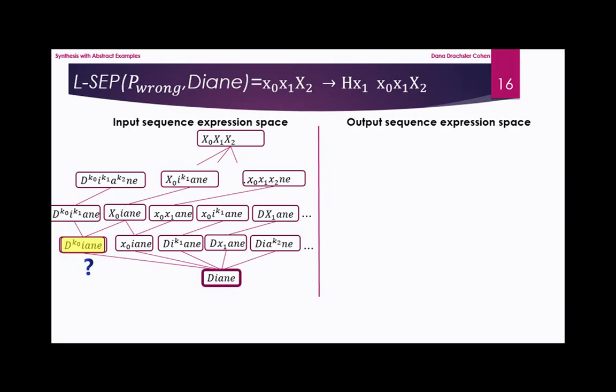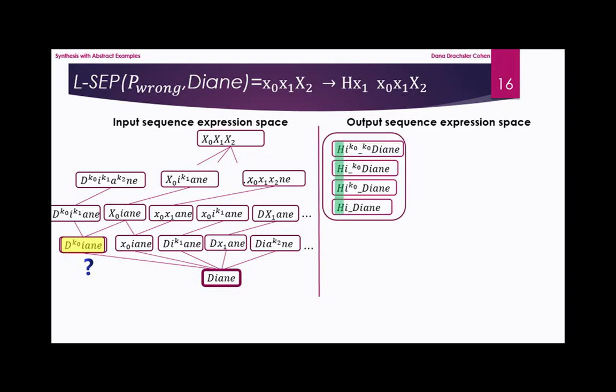Say that we start with this input sequence expression, where we want to replace D with D that can appear as many times as we want: 0, 1, 2, whatever. We consider this input sequence expression, and we look for a corresponding output sequence expression. We ask, is it correct that all outputs for these concretizations all start with an age? This is correct.